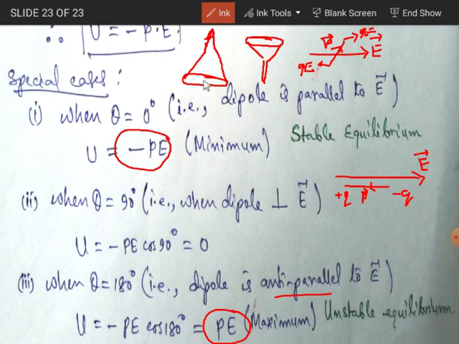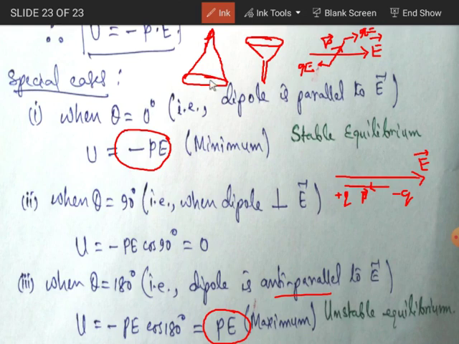Here in these two positions, this will also be balanced. It will not fall down. You can keep it like this because this is balanced. You can also keep it like this because this is also balanced. Net force acting on it in both cases is 0. So it is in equilibrium.